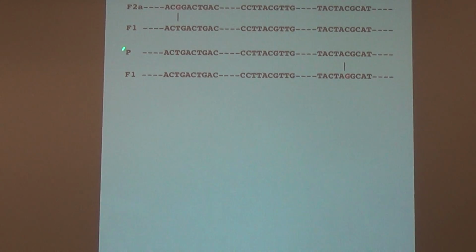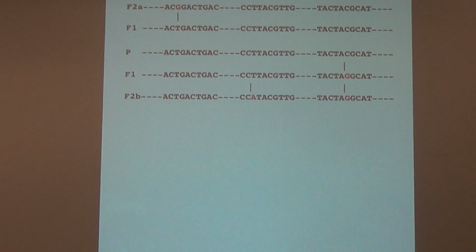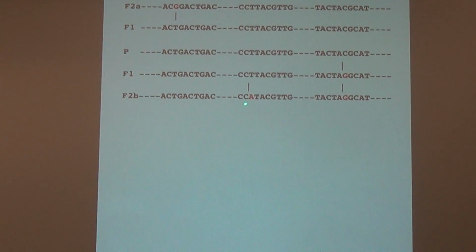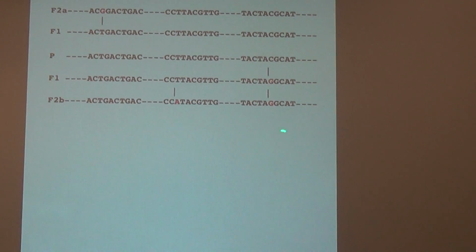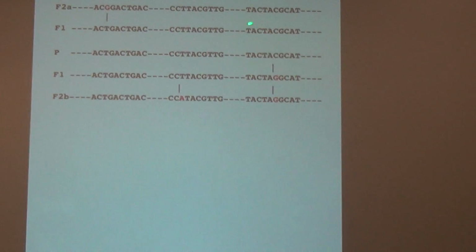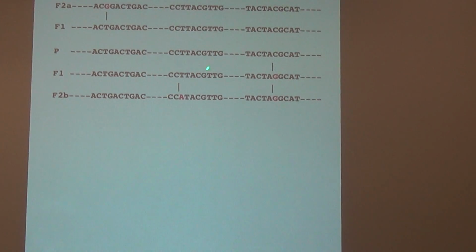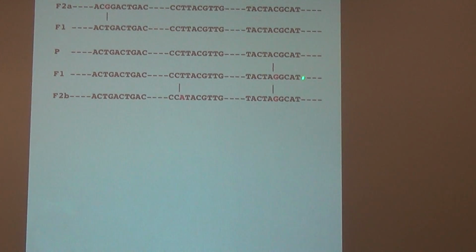Now this F1 may have a child, and now you may have a spontaneous change over here. Alternatively, this F1 child may have a second child. This G is fixed, and now there's a spontaneous change here. And so you can study the relationship. You can say, this individual is very close to this individual, slightly close to this individual, based on the number of SNPs that are similar.